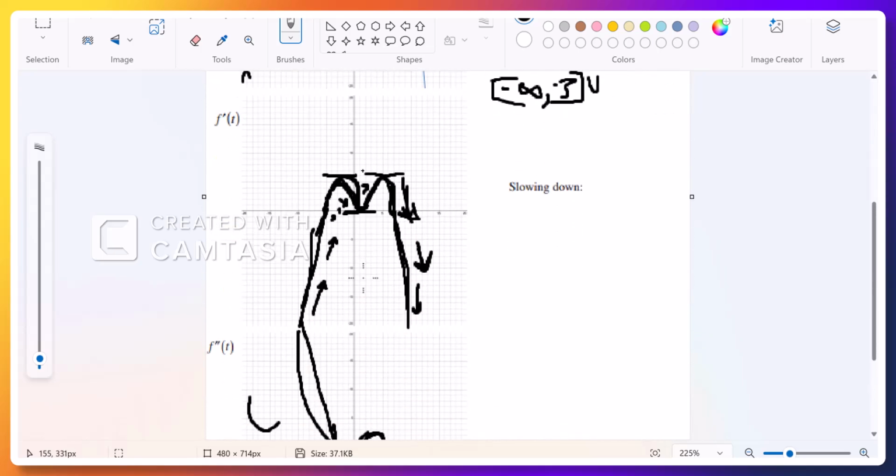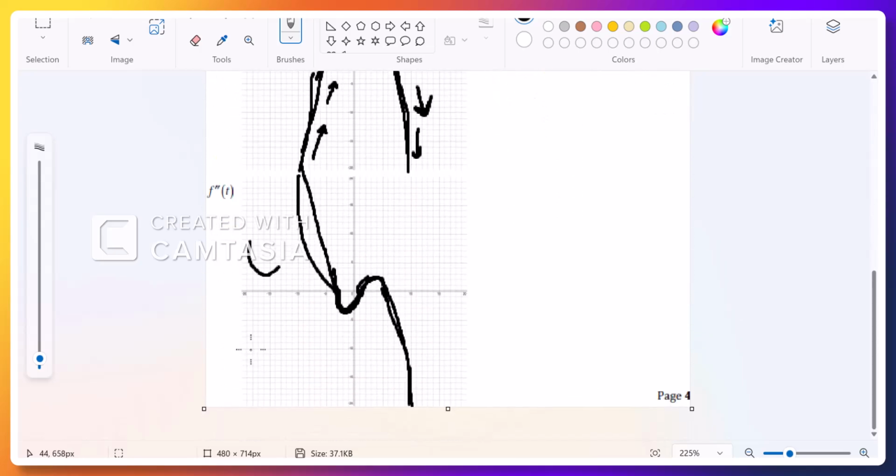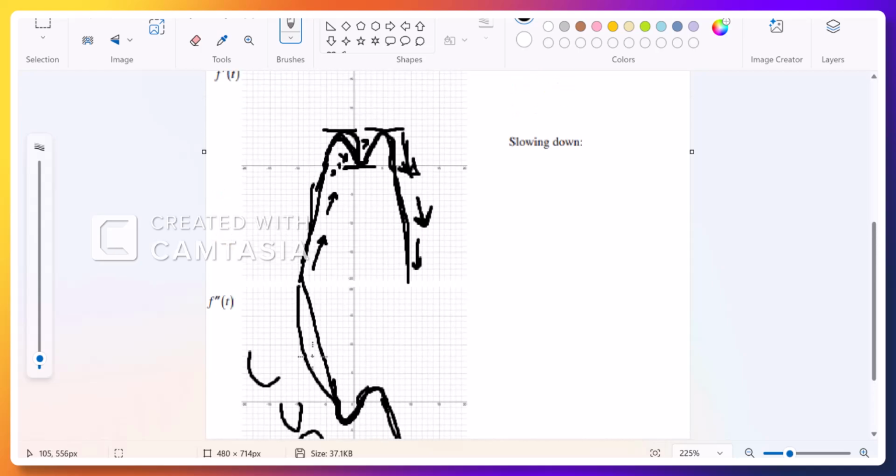And this normally happens when it has the same sign on both sides. So it won't be a concave up because it's already going back to the sign it was. Concave up only happens when it's going from negative to positive, or positive to negative.